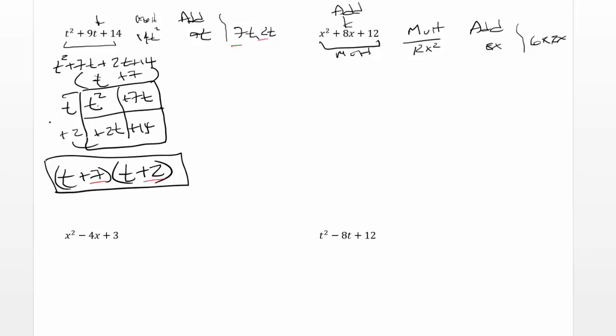You could then continue what we did with make a box, write out this polynomial, and make a box and so on. Or maybe I take advantage of the shortcut, knowing that since the leading term is 1, the numbers that are going to end up in the parentheses that I'm going to write are just 6 and 2.